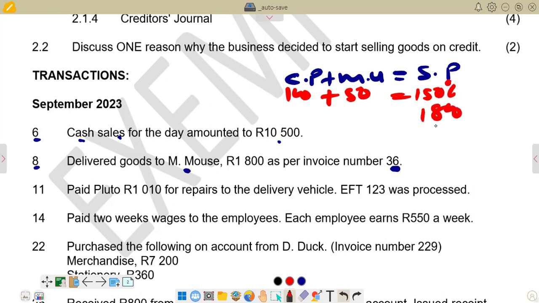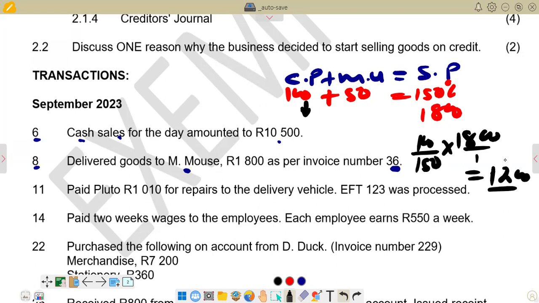The figure that we want to calculate is the cost price. What we don't have is 100, so it becomes our numerator. What we have is 150, the denominator, then we multiply by the given figure, 1,800. As simple as this, we do that and the answer that we get is 1,200. So this is going to be our cost of sales. This is how we are going to post it there.